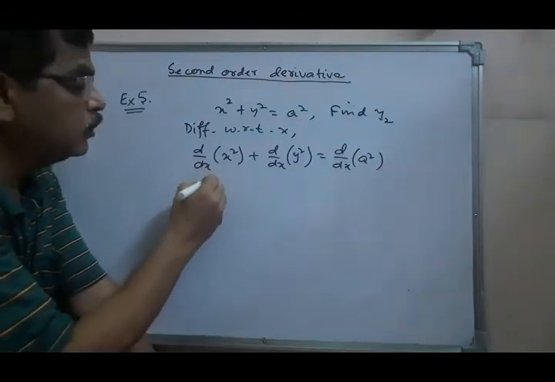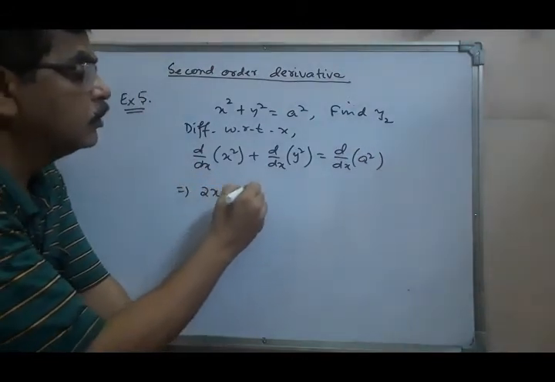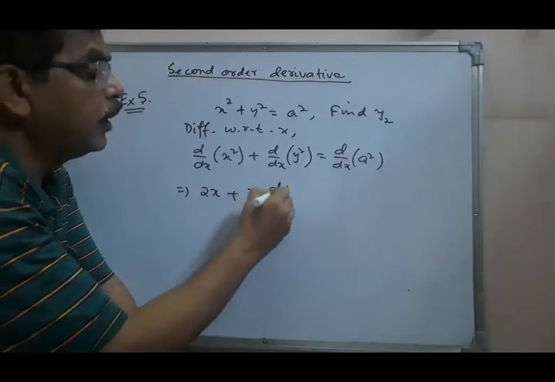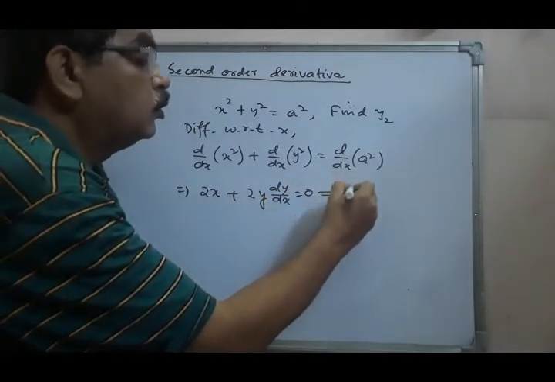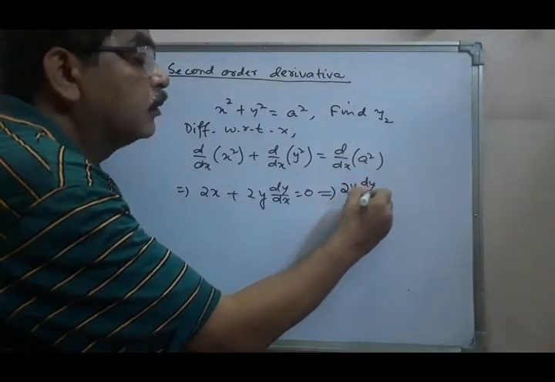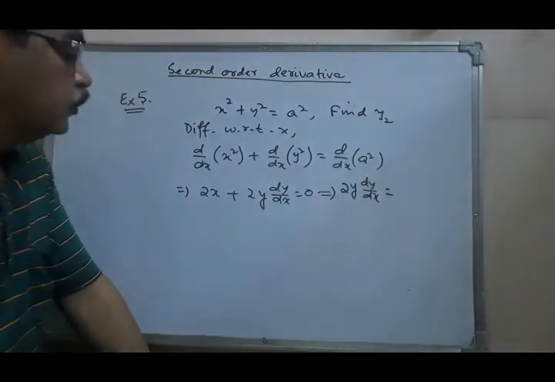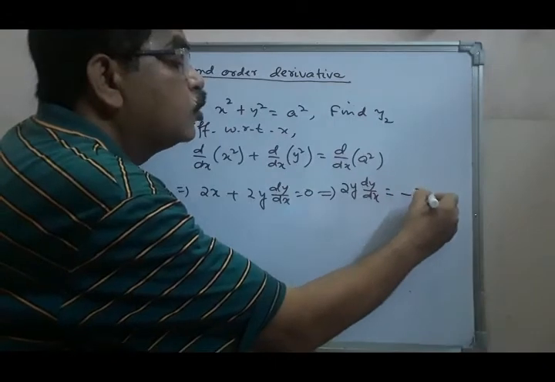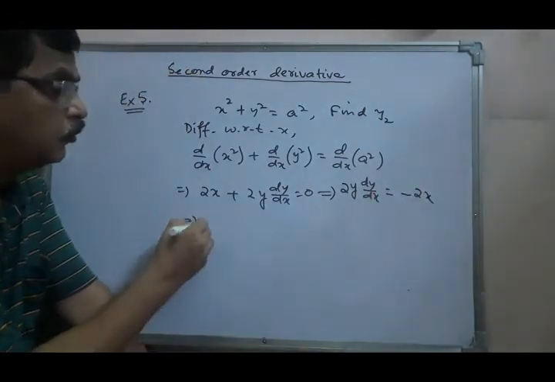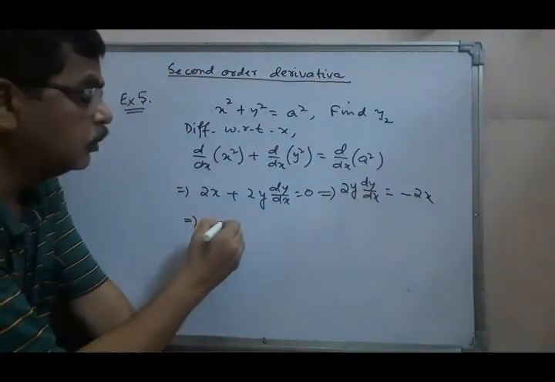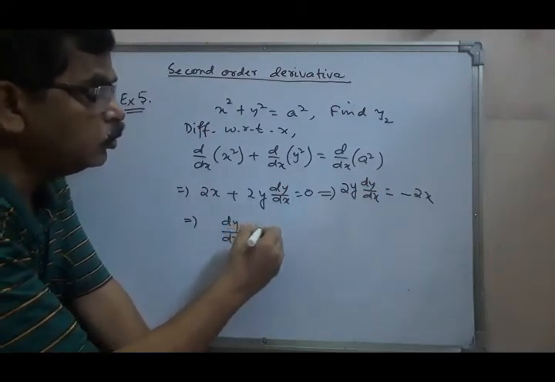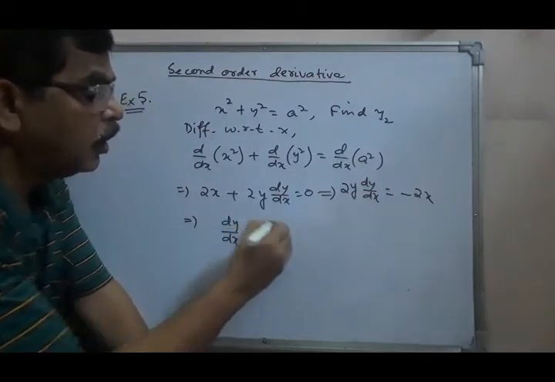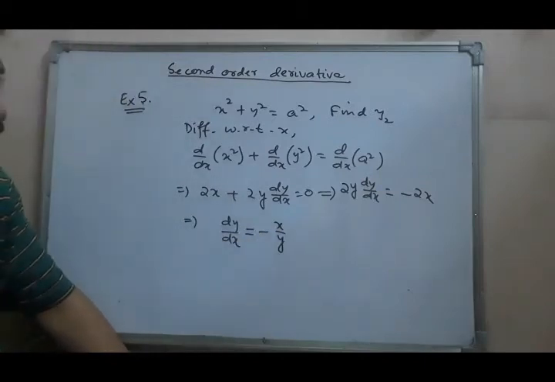So what will we get? 2x plus 2y dy by dx equal to 0. It means 2y dy by dx equal to minus 2x. So further we can write dy by dx equal to minus x by y.